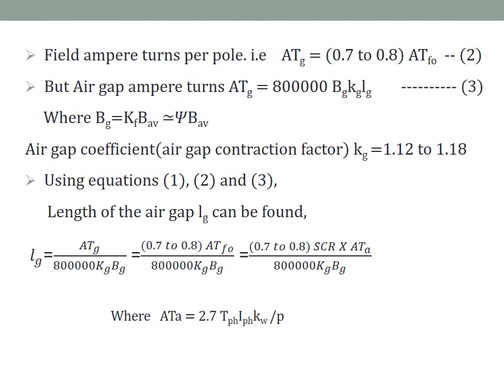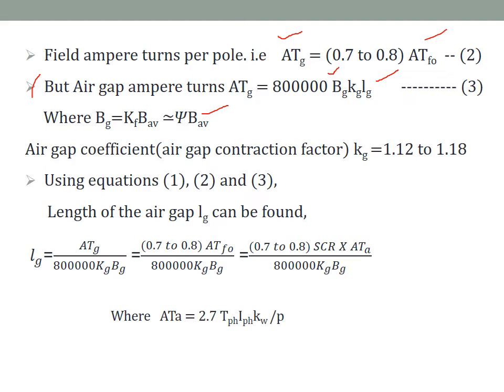Now ATG is equal to 0.7 to 0.8 ATF0. But the air gap ampere turns ATG is also calculated using this equation: 800000 BG Kg LG, where BG is given as Kf B average or psi B average.